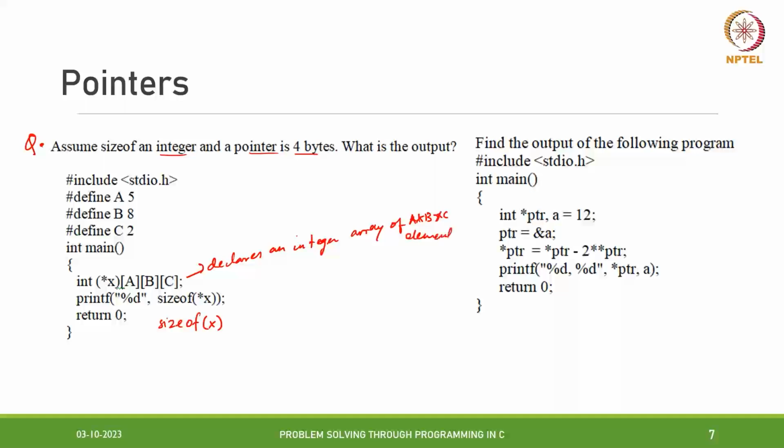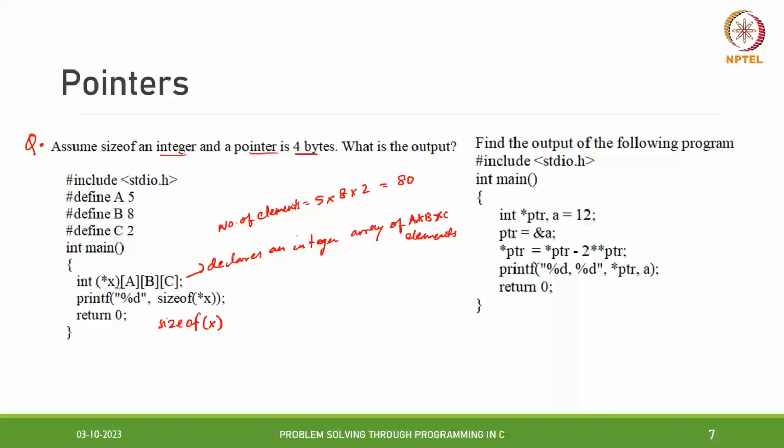So the number of elements is 5 into 8 into 2, which is 80. Total number of elements is 80.